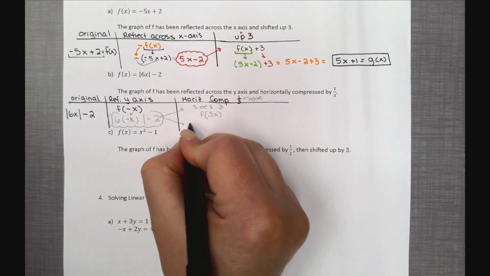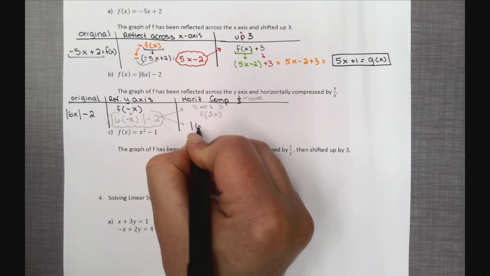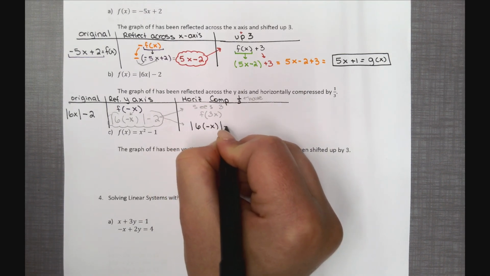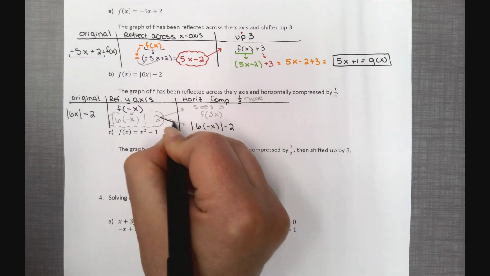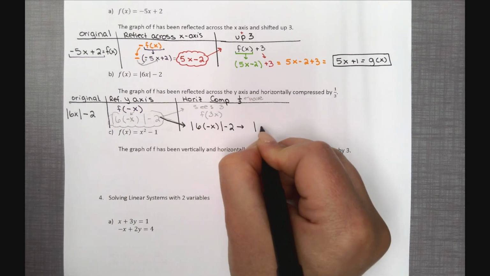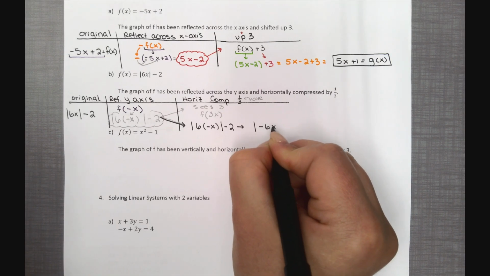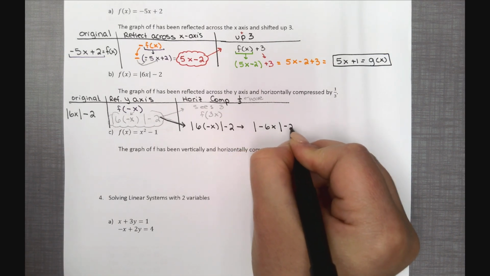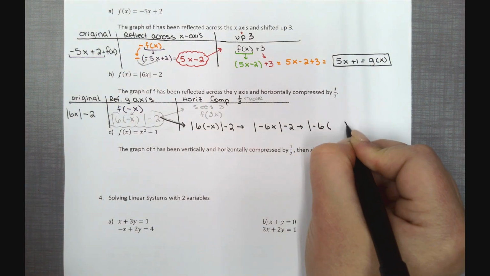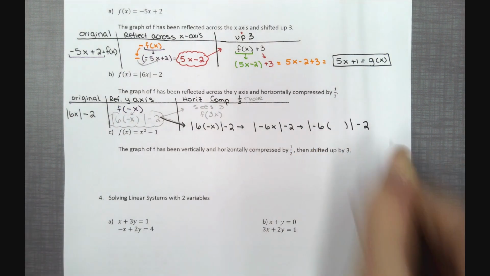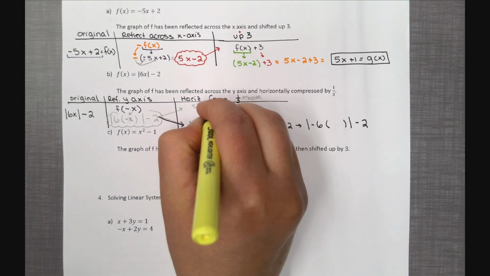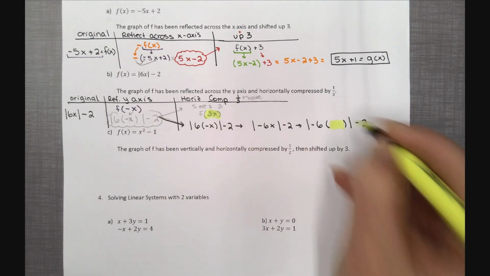I had absolute value of 6, open, negative x, close it, absolute value minus 2. That got simplified to negative 6x minus 2. I'm then going to open up 3x, and I'm going to put in my compression of 1/3.